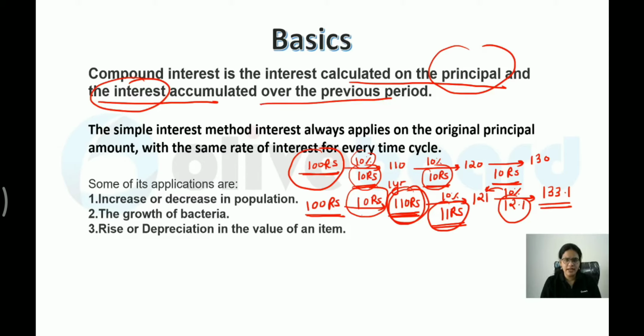Every year you have to calculate the interest, add that, change your principal value and then calculate the interest again. Whereas simple interest is always applicable on the original principal itself, so the principal will not change, but here you always have to change your principal value. That is the basic difference between simple interest and compound interest.